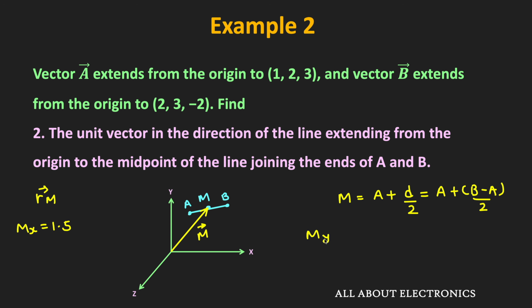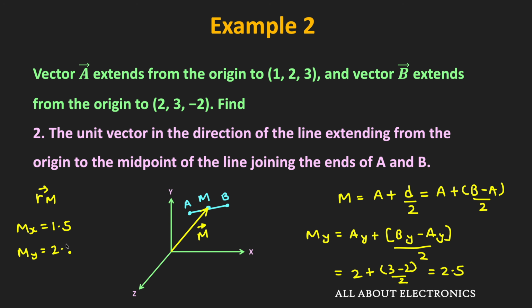Similarly, my is equal to ay plus (by minus ay) divided by 2. Here ay is equal to 2 and by minus ay is equal to 3 minus 2, divided by 2. That means my is equal to 2.5. So in this way, we also got the second coordinate of this point M, that is equal to 2.5.